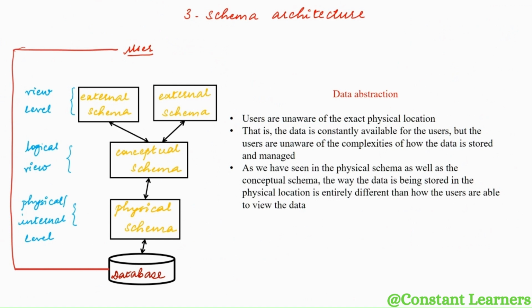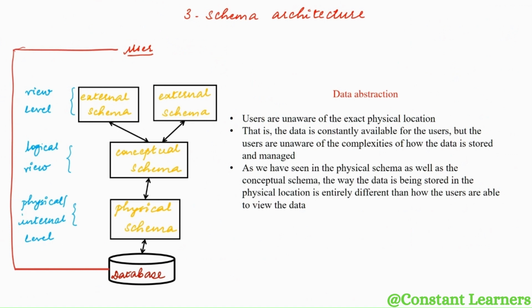Just like when we post something on Instagram, we can view the data. We can view our posts whenever we wish to and from wherever we wish to. We can view other people's data also, whatever is made available to us, right? But the user is unaware of the exact physical location of where our data is being stored. Similarly, on WhatsApp, we have our chats, right? We have our private personal chats with different people.